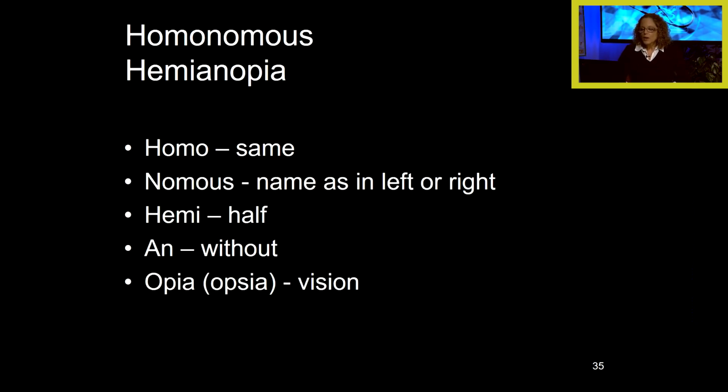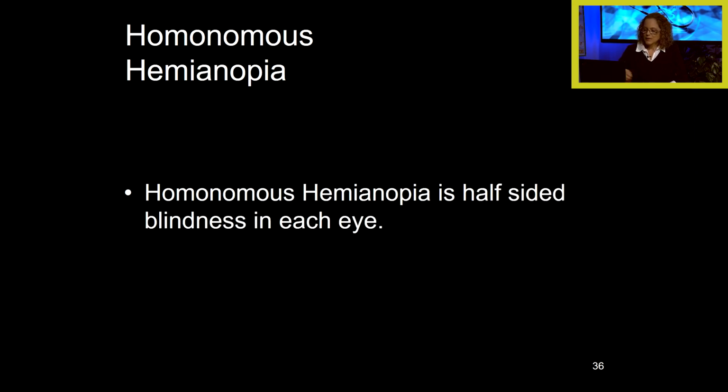So let's talk about homonymous hemianopia. Homo meaning same, nomos meaning name as in left or right, hemi meaning half, an meaning without, and opia or opsia meaning vision. This is a half-sided blindness in each eye.